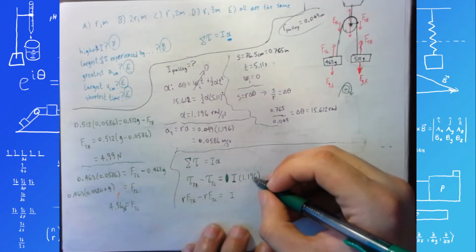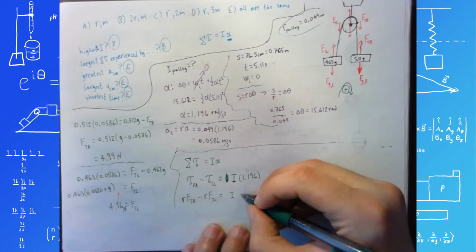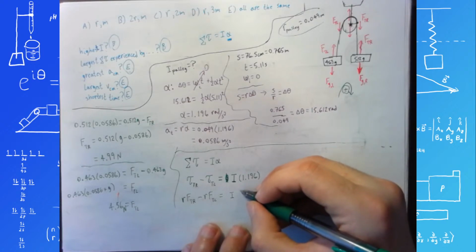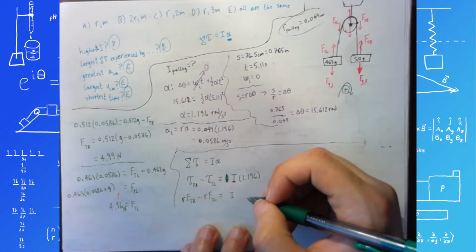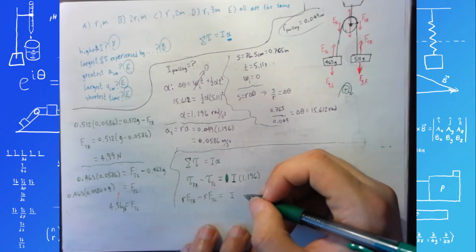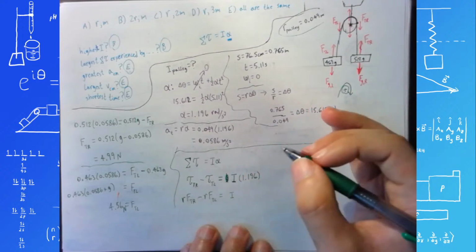Come to think of it, if you wrote alpha as A translational over R, you could then, I guess, multiply the R over to the left-hand side and get an R squared. I think there is a problem. I'm blanking on which type of problem it would be, where the R's, I think, cancel out, but I'm not entirely sure. I might be misremembering something.